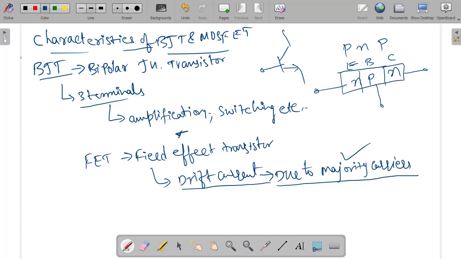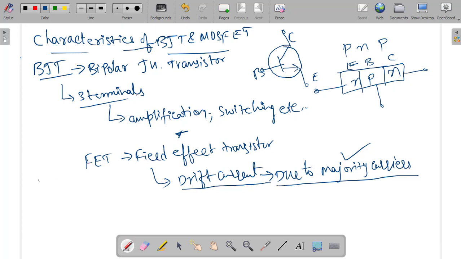This is your base, collector, emitter. This is your PNP transistor when the arrow mark is in this position.